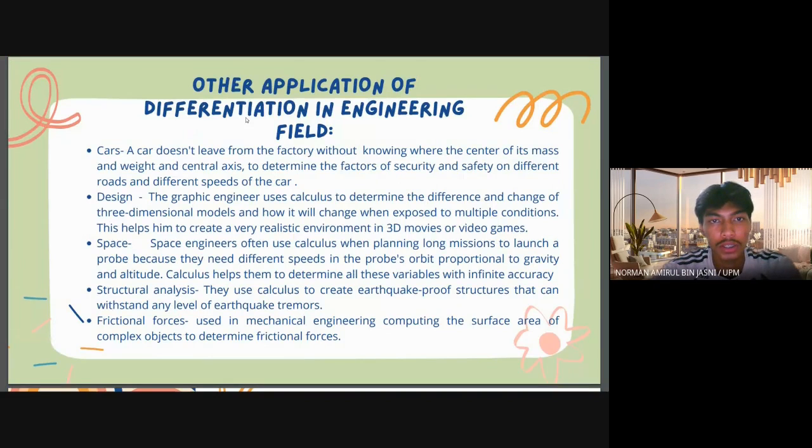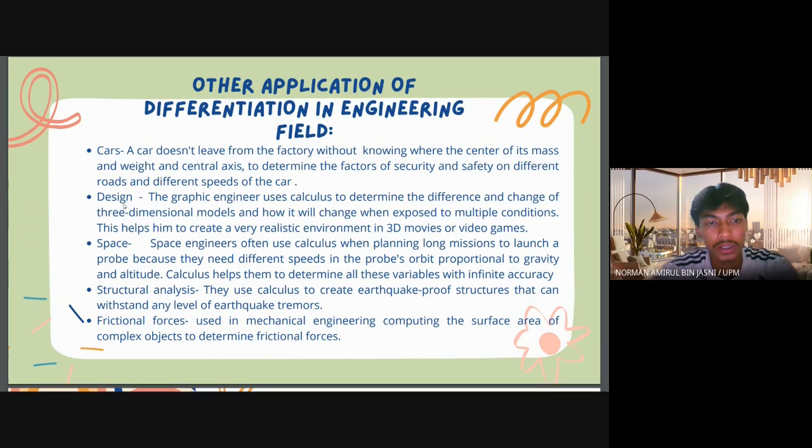So the other applications of differentiation in the engineering field. Firstly is cars. A car doesn't leave the factory without knowing where the center of its mass and weight exists, to determine the factors of security and safety on different roads and different speeds of the car.